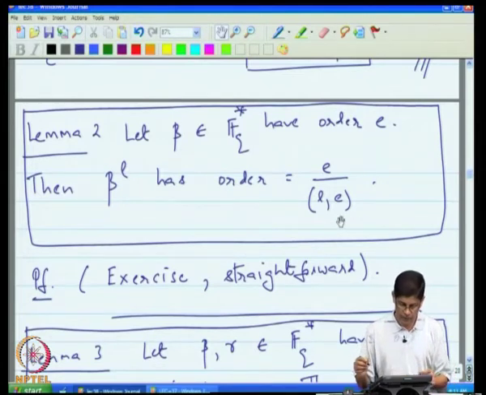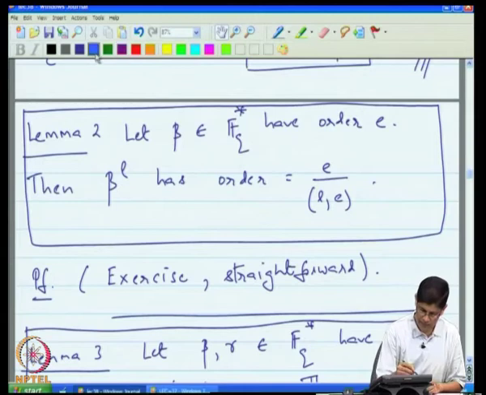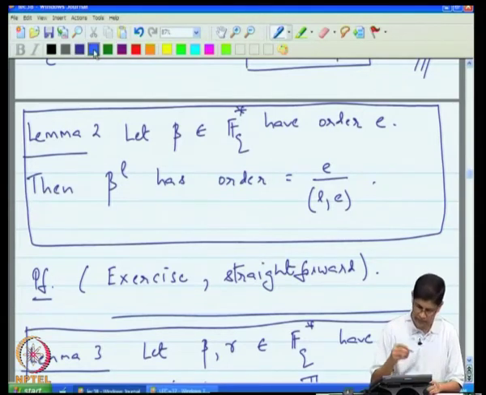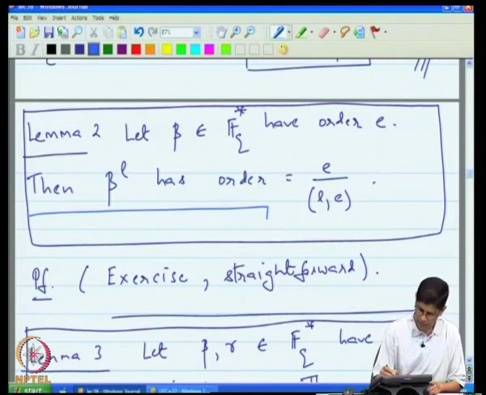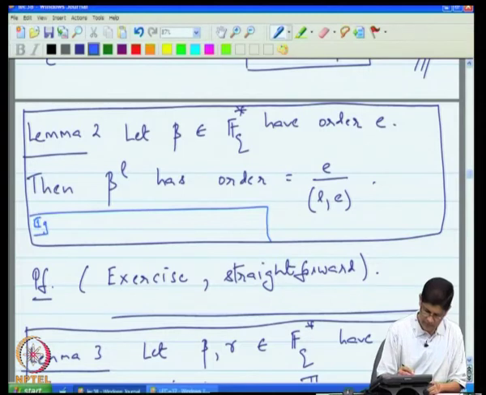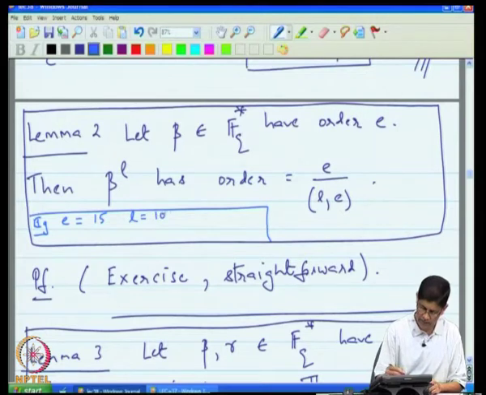And just to illustrate, perhaps I will do a side calculation here. Let us say that e is 15 and L is equal to 10.